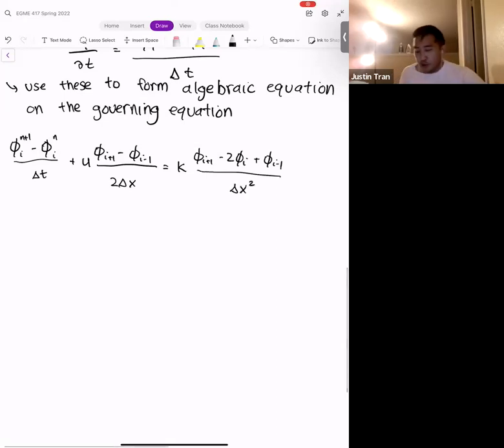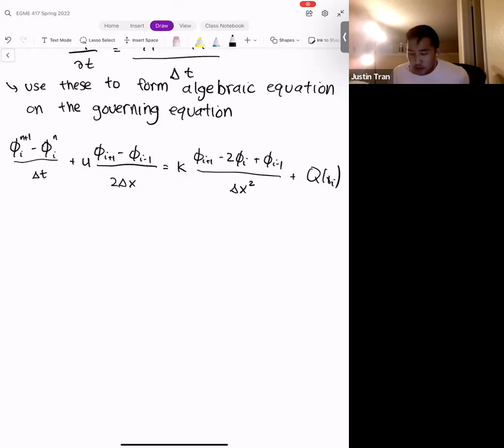Okay, then we have our diffusion terms. We have k, and our second order derivative, finite difference. And finally, we have our source term. So our source term is just q at xi. Okay. And so this is kind of our starting point right here.